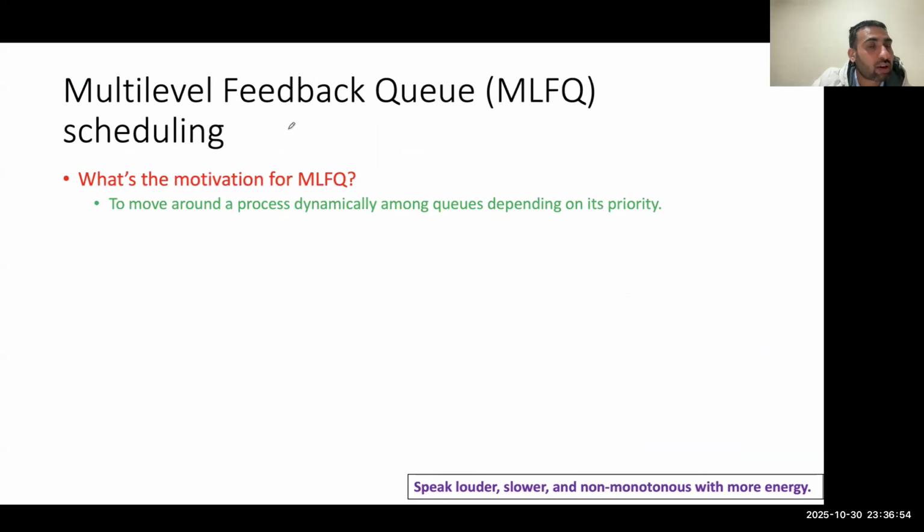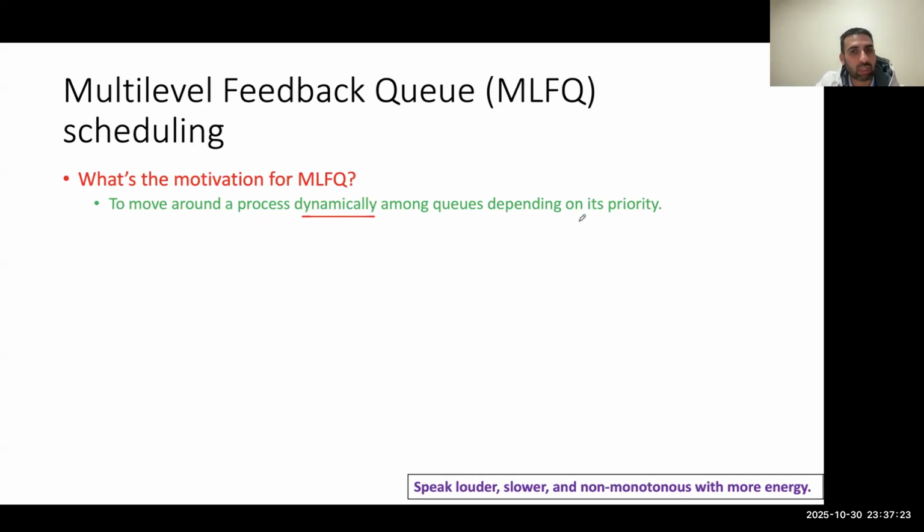So the next thing which we are going to cover is multi-level feedback queue, which is different from multi-level queue scheduling. In what sense? In the sense that here we allow a process or a thread to dynamically move among queues depending on its priority. Which basically means that the priority of a process is updated depending upon the situation, right?